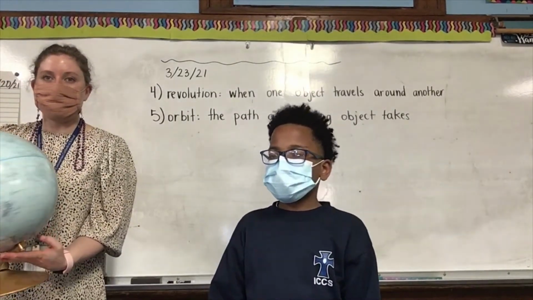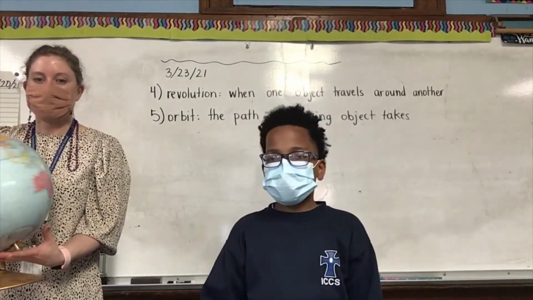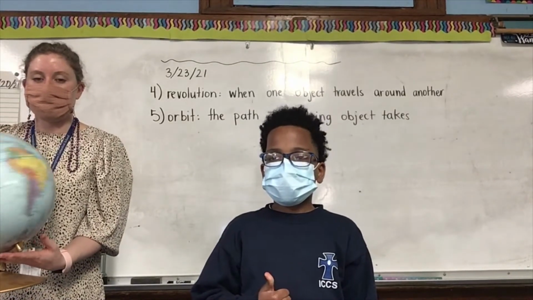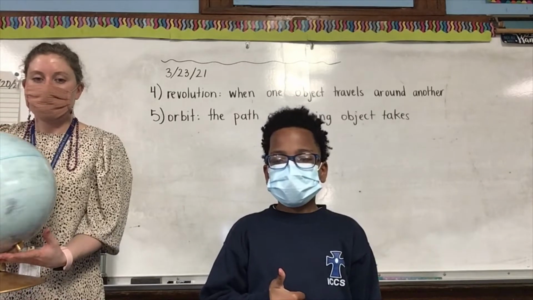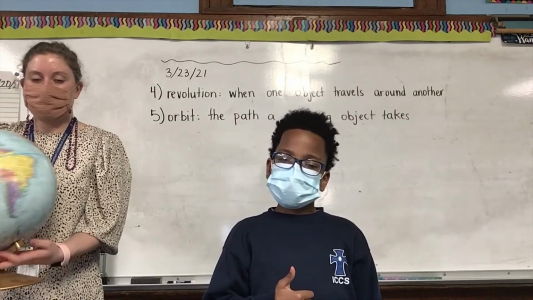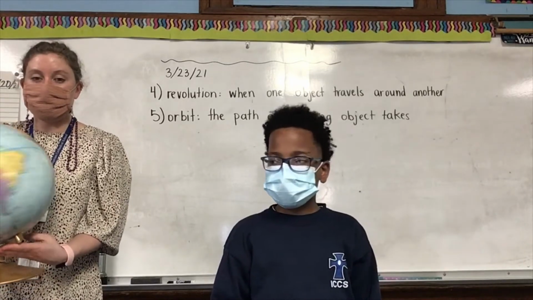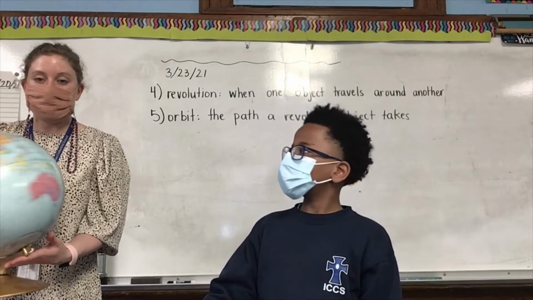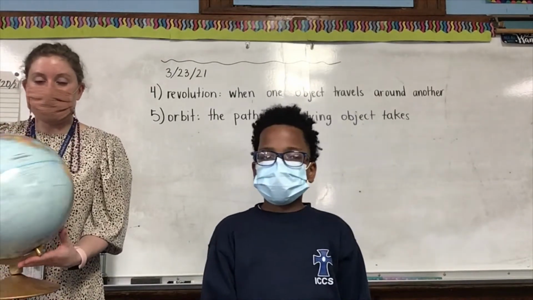What season is it in the southern hemisphere? Look at the globe. I'm doing a demonstration, but I think you missed most of the demonstration. Kingston is the sun. The earth is the earth.